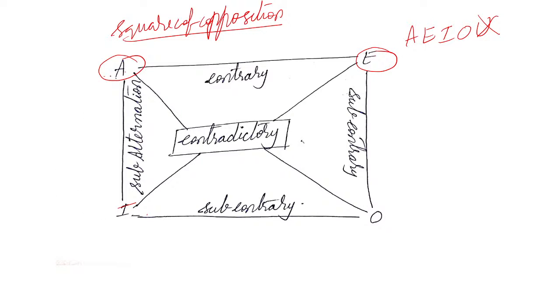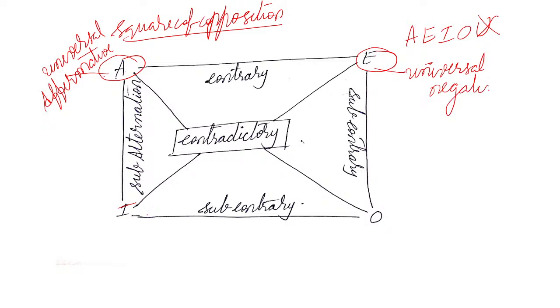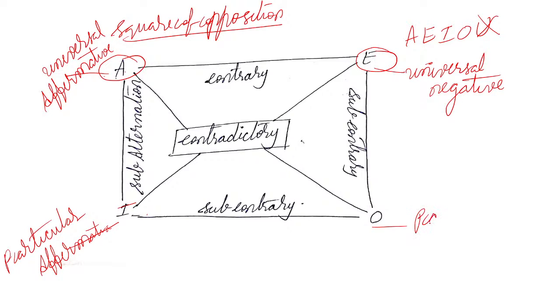What is A? This is universal affirmative. This is universal negative. This is particular affirmative, and this is particular negative.